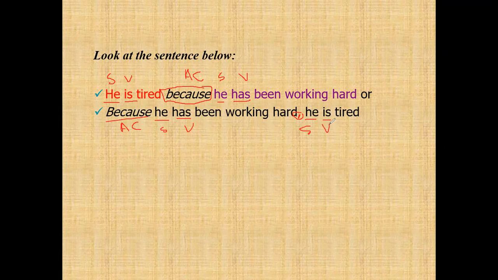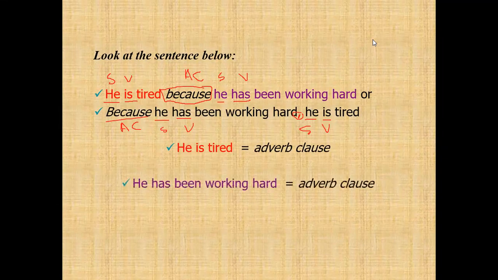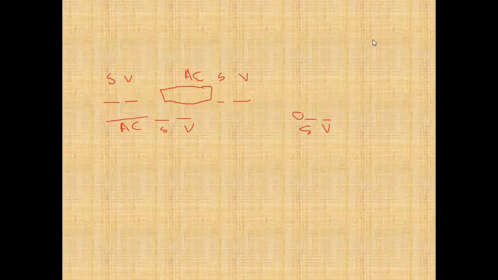So that is very different from coordinate connectors. A coordinate connector cannot be used in the beginning, but an adverb clause connector you may put in the beginning. After that, remember there is a comma. So he is tired is an adverb clause, he has been working is an adverb clause also, and then the connector is because.